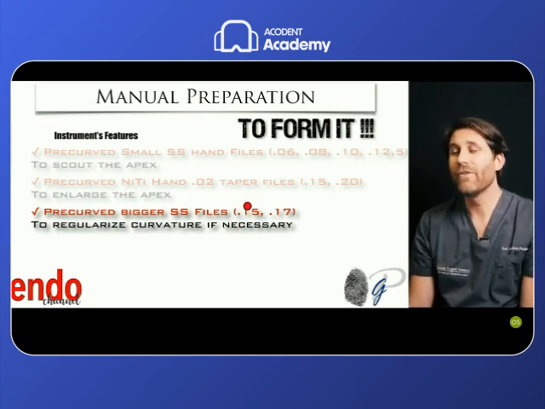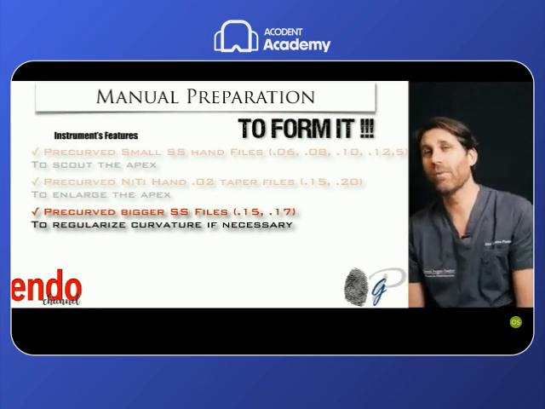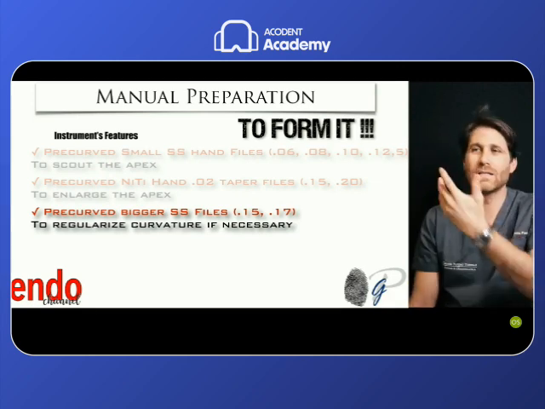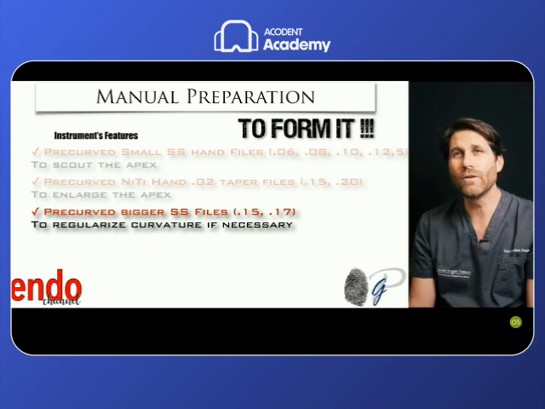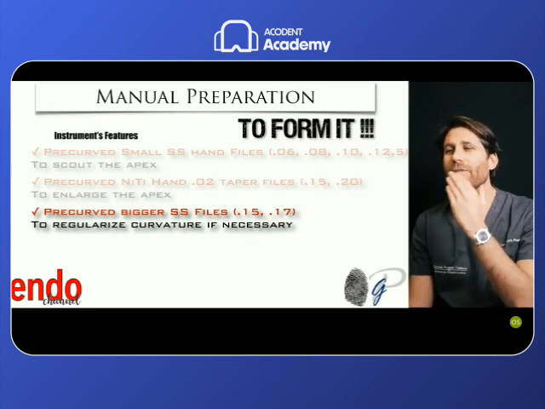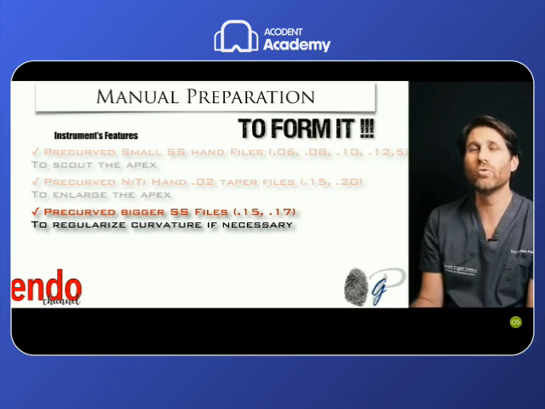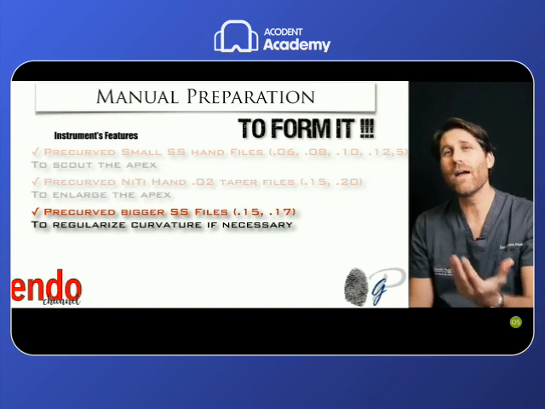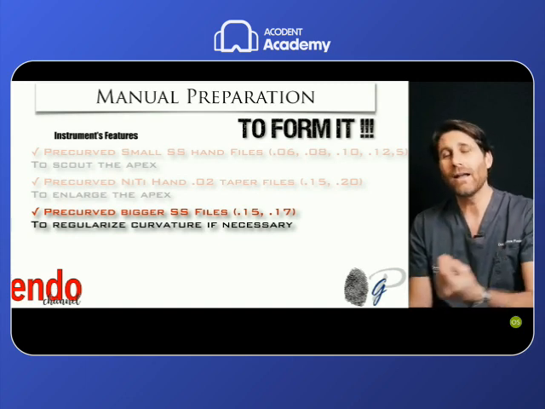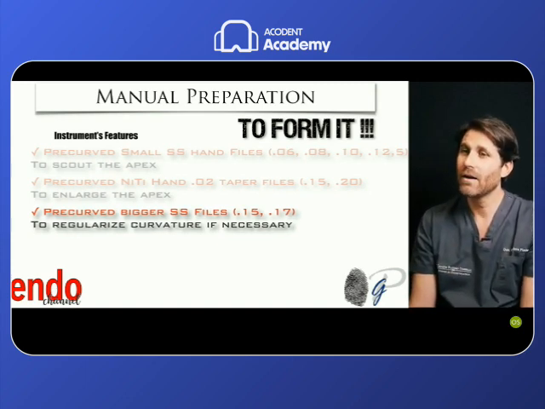In this case, size 15, and I like to use, for example, size 17, because it's less rigid than 20, to regularize the internal curvature if necessary, if we are not able to reach the working length with the nickel titanium file. So in this case, we have to use more rigid cutting files to regularize this internal anatomy.